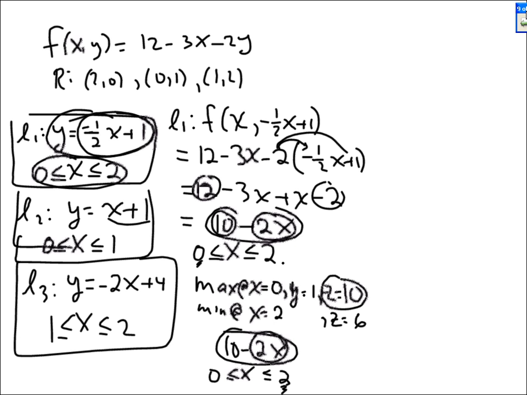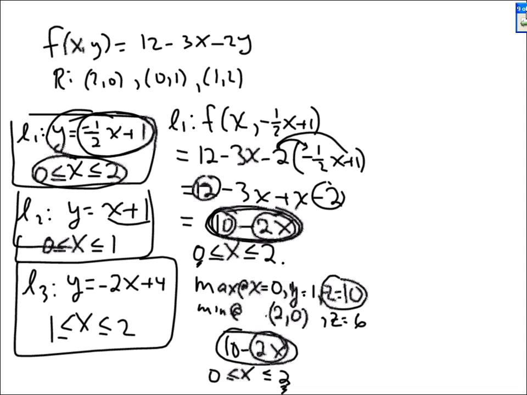And when x is 2, the y value is 0. So you have a min at (2, 0), and the min is 6.